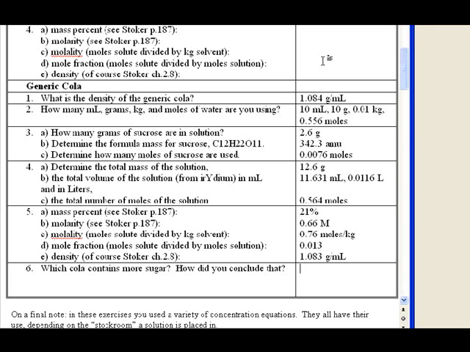With results from the Coca-Cola, which you're going to do, you will see that all of these, mass percent, molarity, and so on, are quite a bit higher than the ones for generic cola, and you'll see that, of course, the Coca-Cola contains more sugar, as shown by comparing the various concentrations.